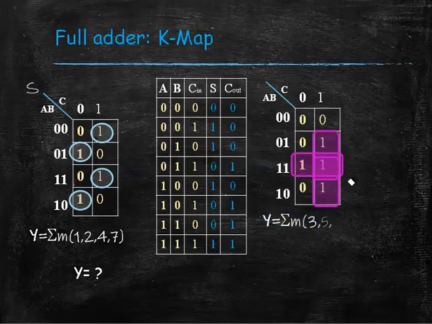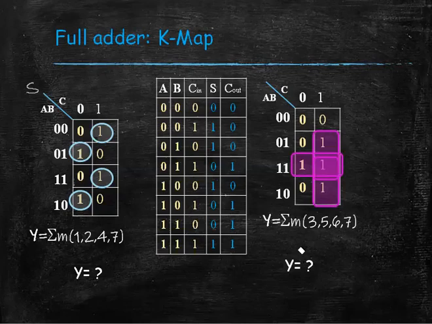What are the sum terms? It is for 3, 5, 6, 7, but there are 3 pairs formed. So how many terms in the Y? What will be the result?